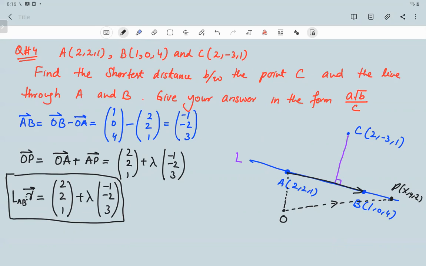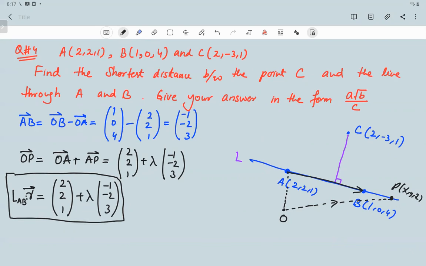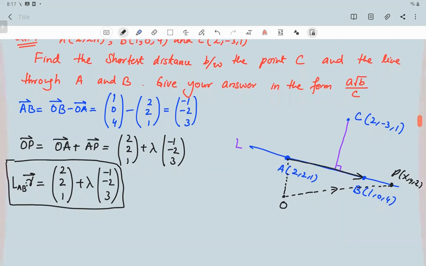Now, the line which passes through AB is this. And we have to calculate the distance of C from line AB. The very first method that we are going to use, method number one.